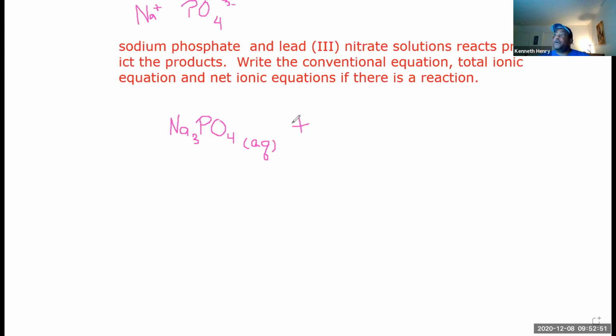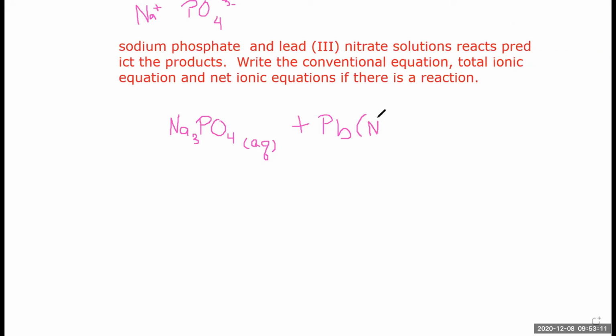Okay, so lead(III) nitrate. What does that look like? Pb, parentheses, NO3.